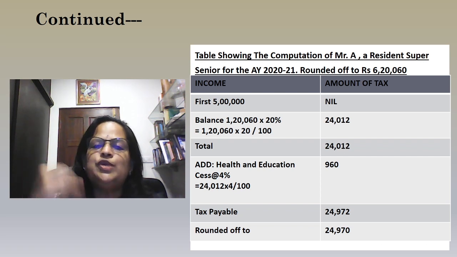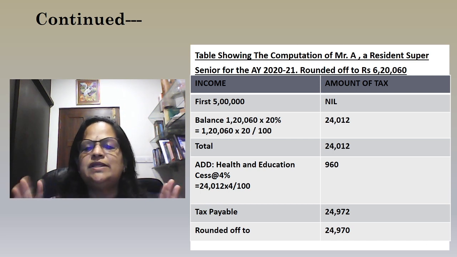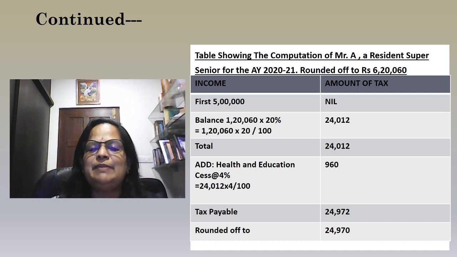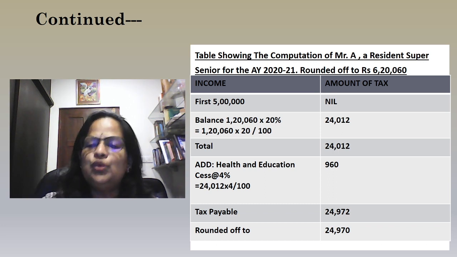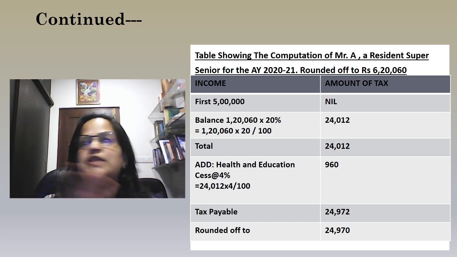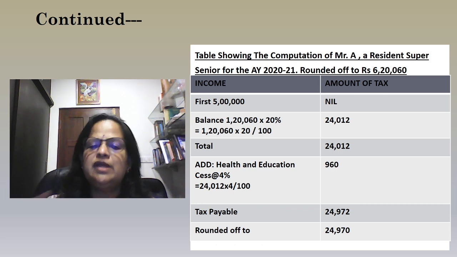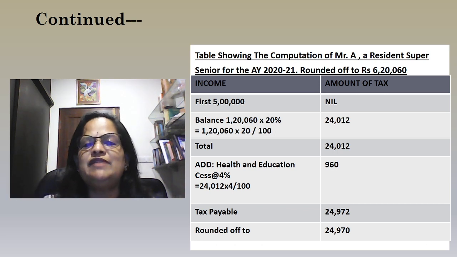Now the total is 24,012. Health and education cess at 4% is compulsory on whatever the tax liability payable, so 960. Tax payable is 24,972. The 2 you have to round off, since the value should be in multiples of 10, so it is rounded off to 24,970.